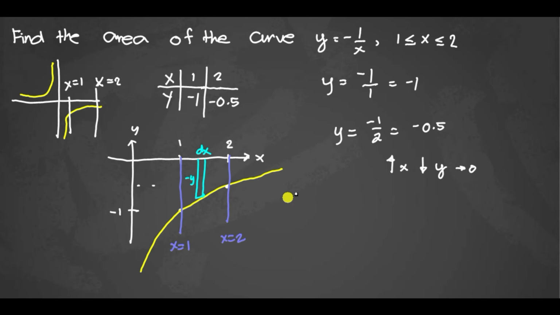Then we will have a differential area, that is dA is equal to negative y dx. And if we evaluate the integral of our differential area, we will have A is equal to the integral of negative y dx. We will take out the negative since this is a constant, so the integral of y dx evaluated from 1 to 2.